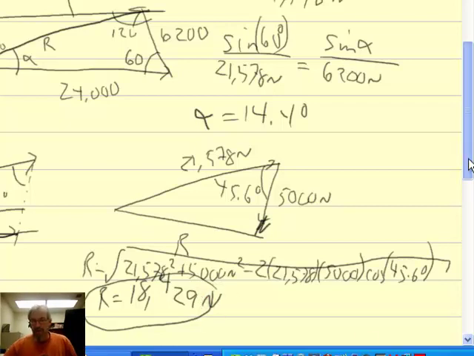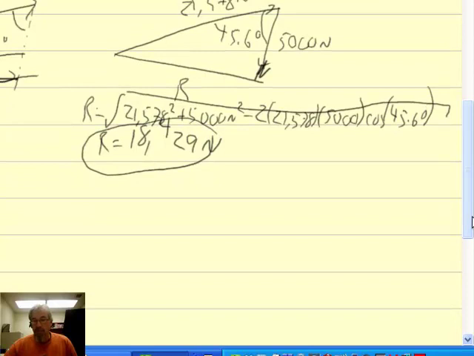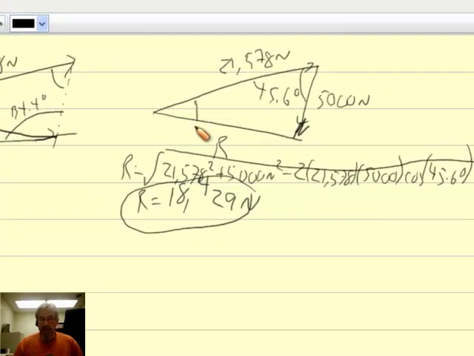Now, here's where this gets kind of cumbersome. I have to find out what the bearing is. What is the heading? I can find out this angle here. I'm going to call that angle beta. So I've used up alpha. I can find that by the law of sines.